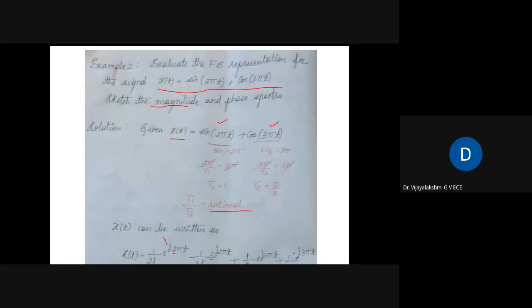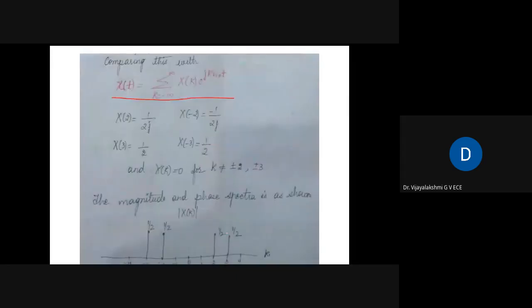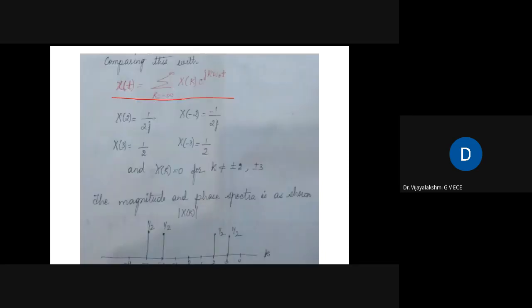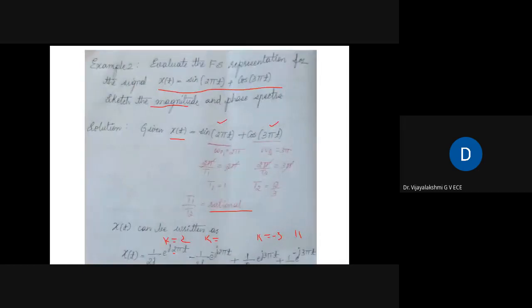That means this is got for k is equal to 2, and this for k is equal to minus 2, k is equal to minus 3, and k is equal to 3. Okay, so we have to expand this for k varying from minus 3 to plus 3.